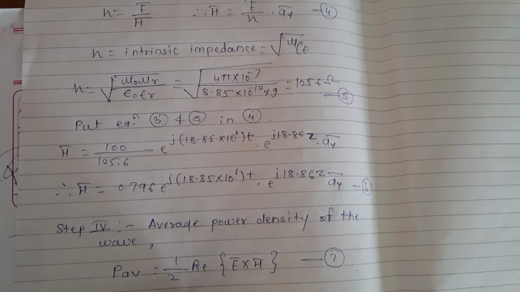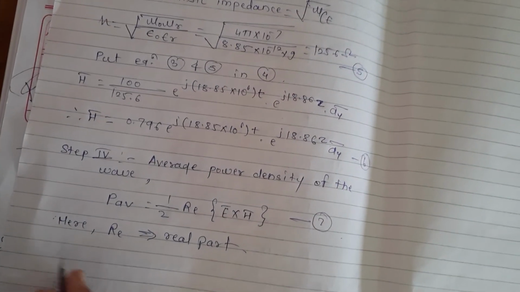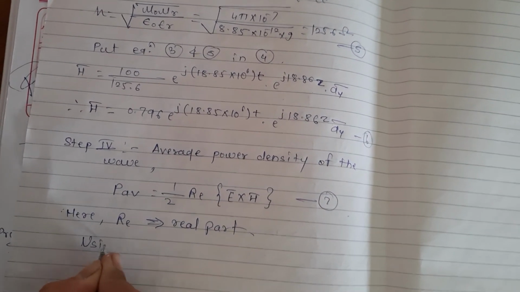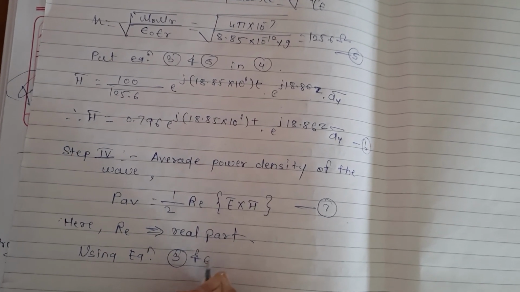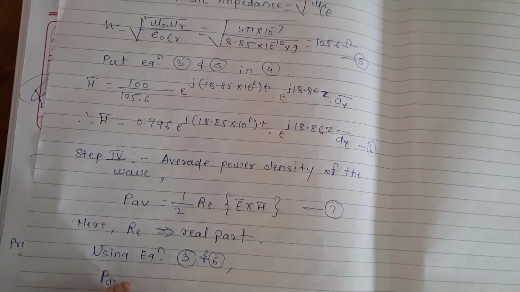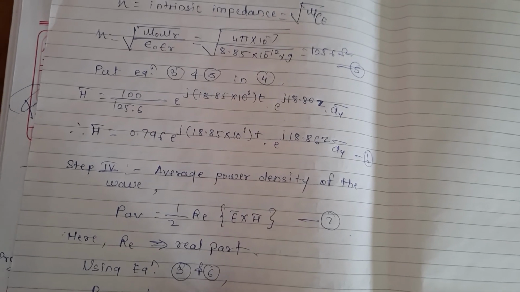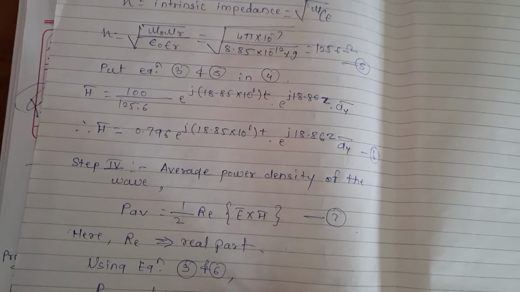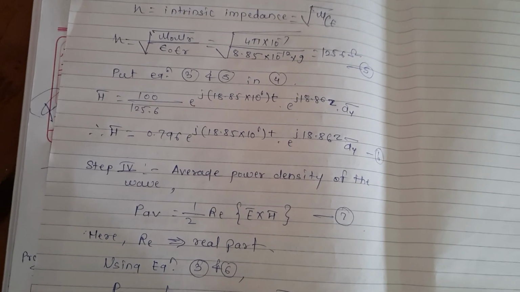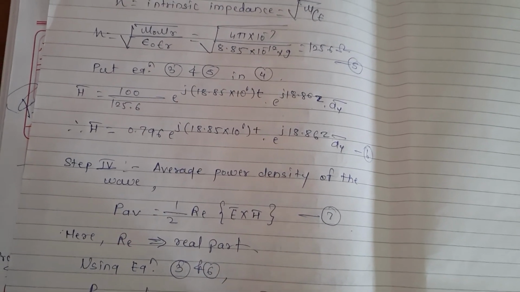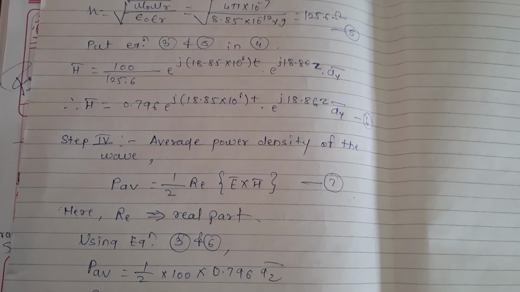It is the real part. So using equations 3 and 6 we get P average is equal to 1 by 2 into 100 into 0.796 a z bar. So this value is 39.8 a z bar. Power is in watt per square meter. This is the answer.